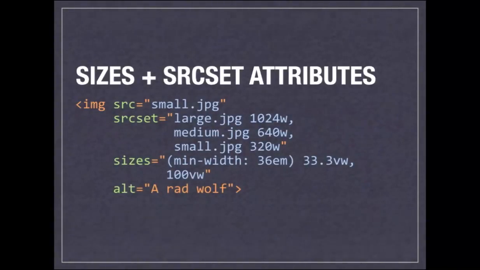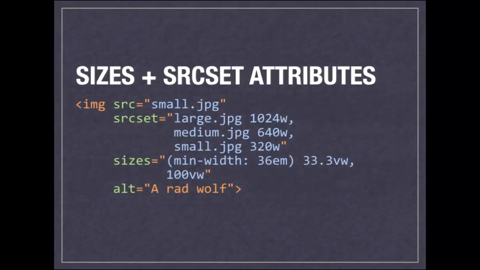And then with sizes, we're embedding the layout information for our website into the IMG element. We're saying that if the browser has a minimum width of 36 ems, which is typically 540 pixels wide, then our image is going to take up 33.33 vw. vw is a unit called viewport width, and it means the percentage of the entire viewport, the entire browser space that we have available.